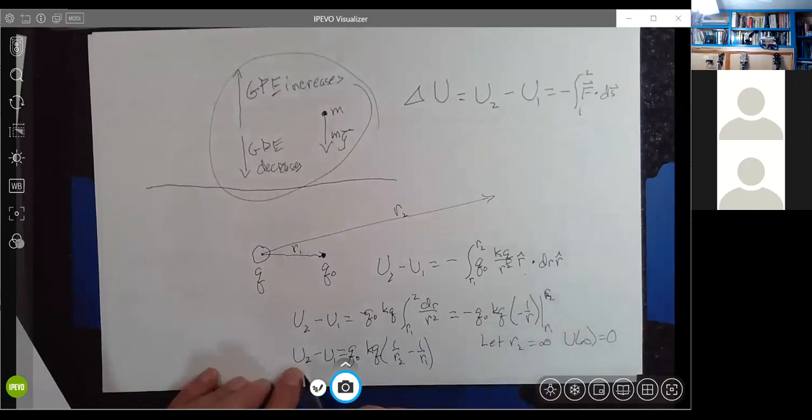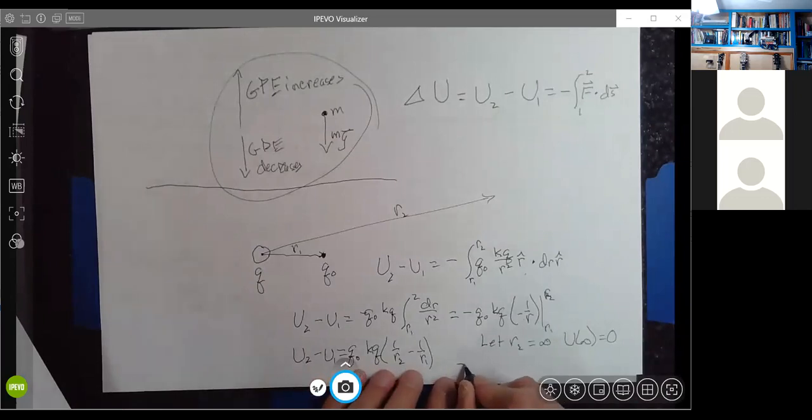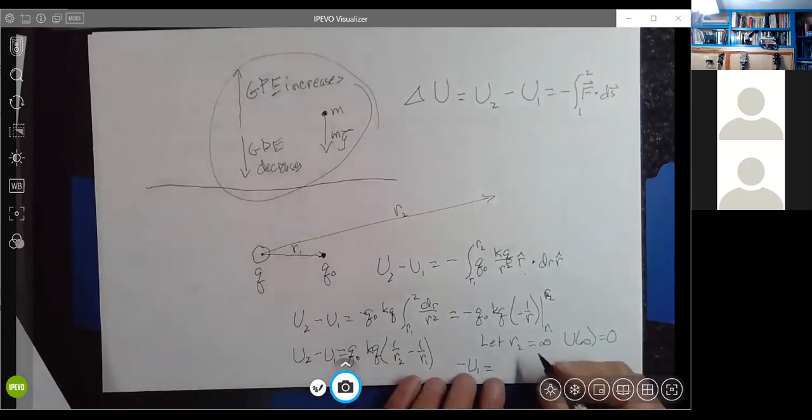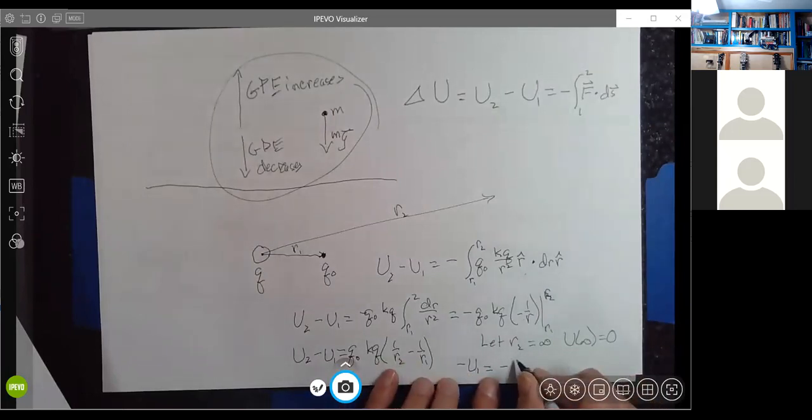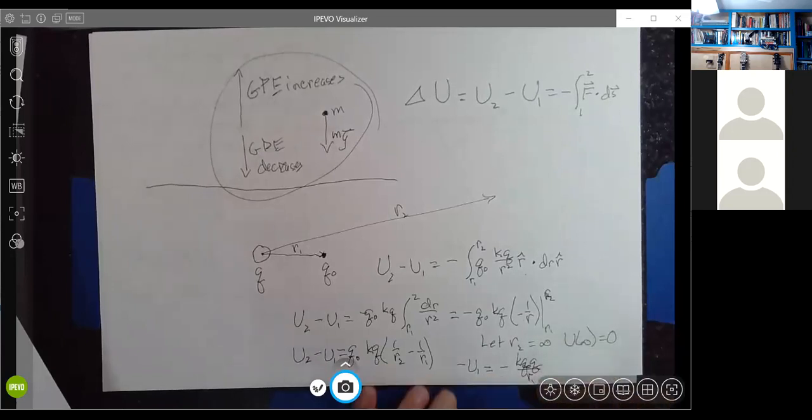If R2 is infinity and U2 is 0, this just becomes minus U1 equals minus kQ naught Q over R1.